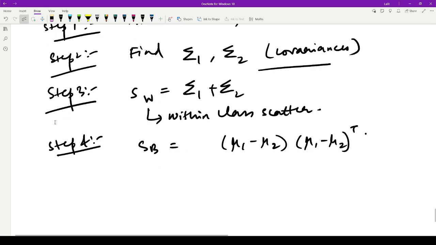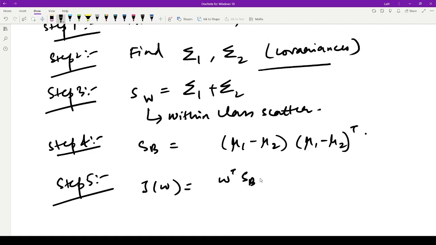And once we have this, this is our cost function, W transpose SB W over W transpose SW W. Hope I'm right. Yeah, this is the one, and we need to maximize this over W. So we want to maximize the between class variance relative to within class variance.